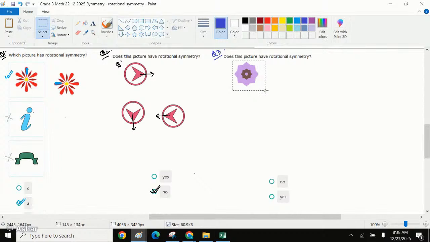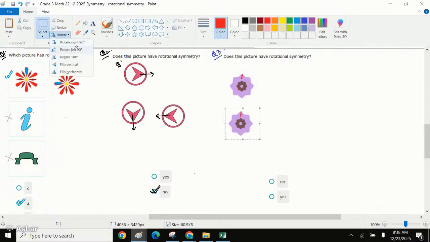So if this picture was given to us, what we can do is paste this. Okay, sorry. I'll select the shape. If this point was the starting point, I copy this, paste this, and I rotate this rightwards, does it still look the same?